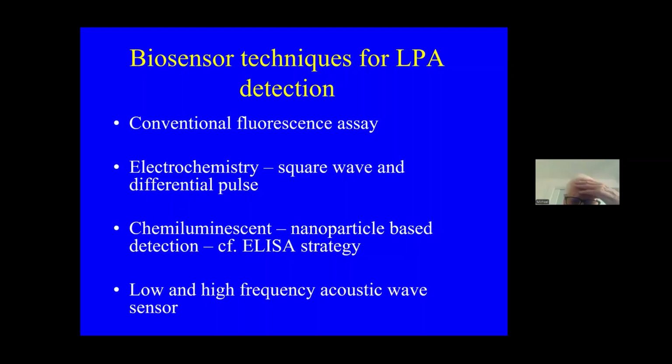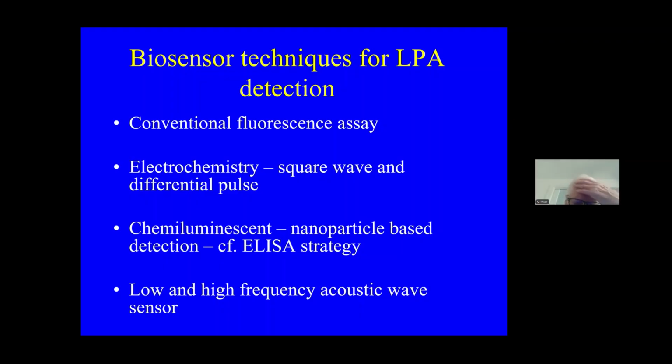More recently, in the last 2 or 3 years, we've had an effort to look at chemiluminescent methods using nanoparticles. Some of you in the audience might be familiar with ELISA, where they can use these magnetic nanoparticle-based strategies. We wanted to develop a method for LPA, and so ovarian cancer, using a somewhat analogous protocol with chemiluminescence, which I'll talk about briefly.